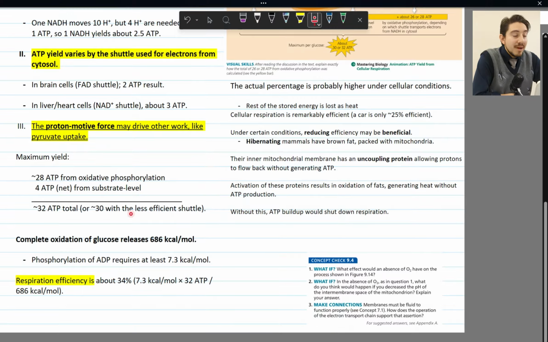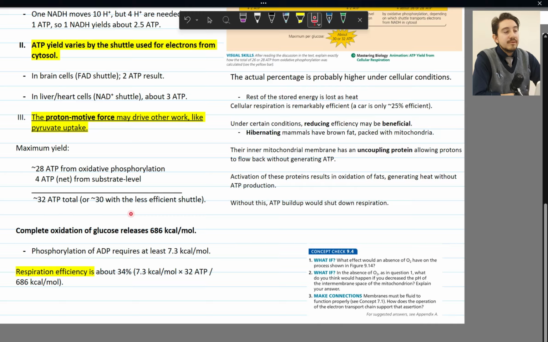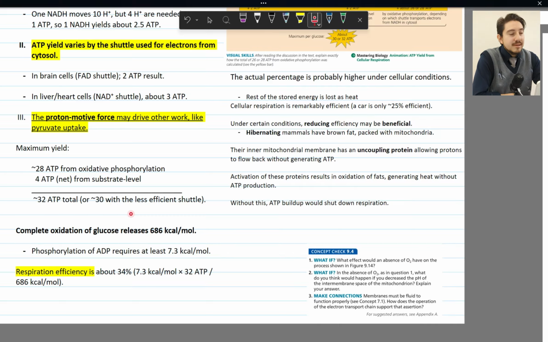But in itself, if everything goes well and there's nothing external changing the output of glucose, you will get 28 ATP from oxidative phosphorylation, basically the ETC and ATP synthase, and then you'll get 4 ATP from substrate-level phosphorylation. So ultimately, you'll get around 32 ATP in total, okay?